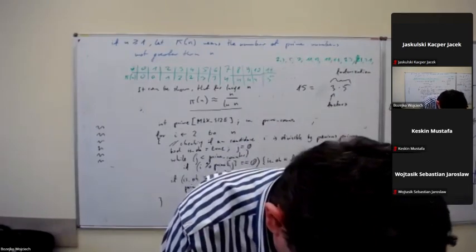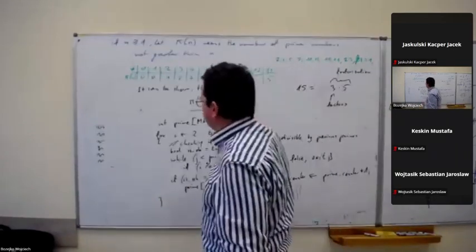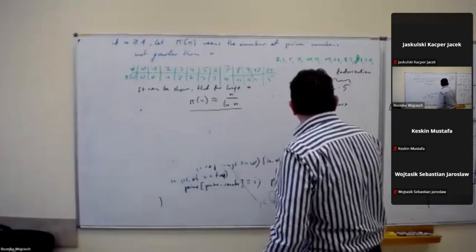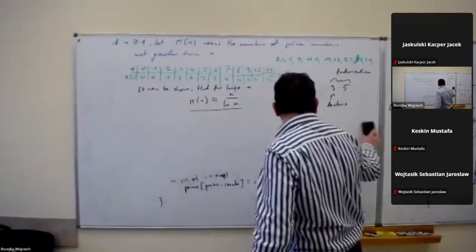Okay. And now we can write a kind of theorem, which is in fact the base theorem of arithmetic, you can say.